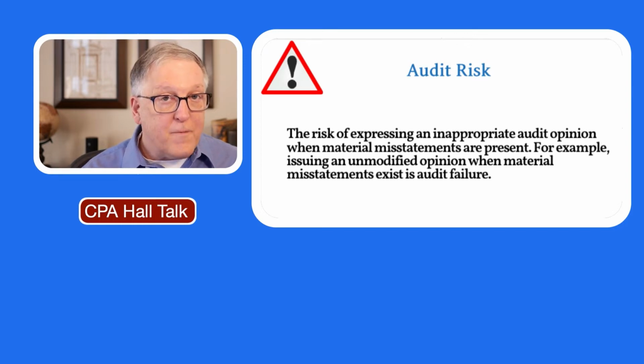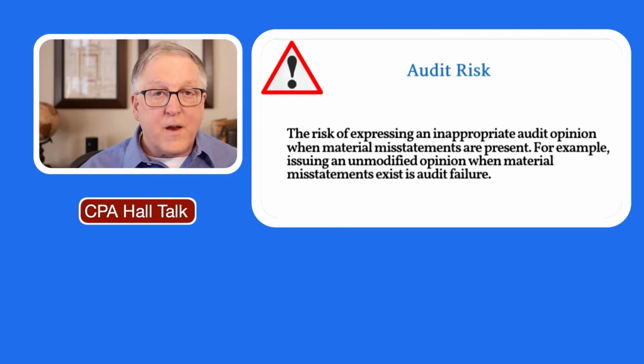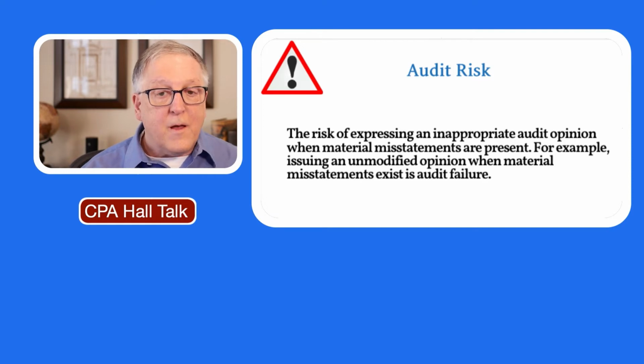And that unmodified opinion says that the financial statements present fairly. If there's a material misstatement and we say they present fairly, well, now we have audit failure. We have issued an audit opinion that is not true. It doesn't correspond to the facts. That's what audit risk is.